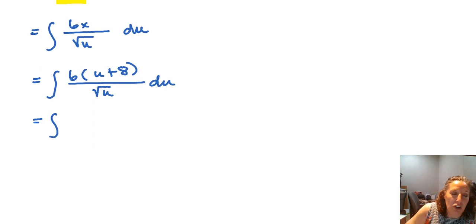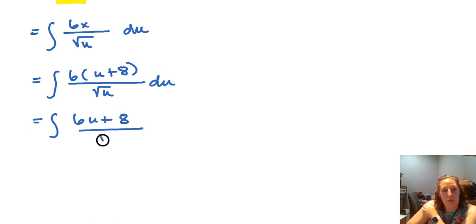Now we just need to figure out how to integrate this. I'm going to go ahead and distribute that 6. So we'll get 6u plus 48 over the square root of u. Now, still not seeing a big clear way to integrate this, but we just have one term in the denominator.